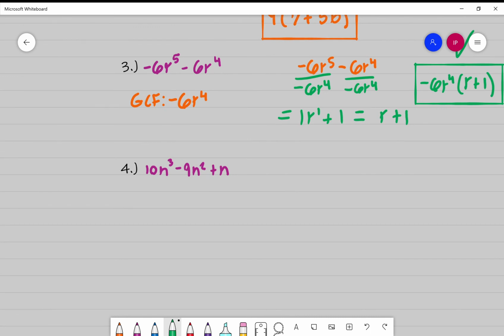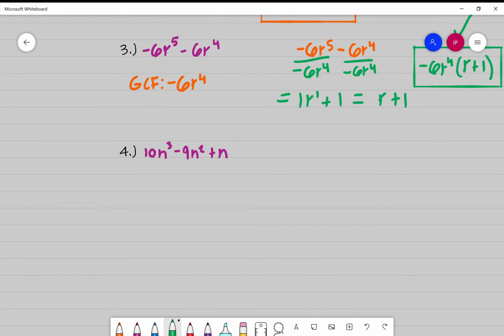Alright, last problem. We're factoring out the GCF of 10n to the 3rd minus 9n to the 2nd plus n. Well, if you notice, in this problem, this n does not have a number.